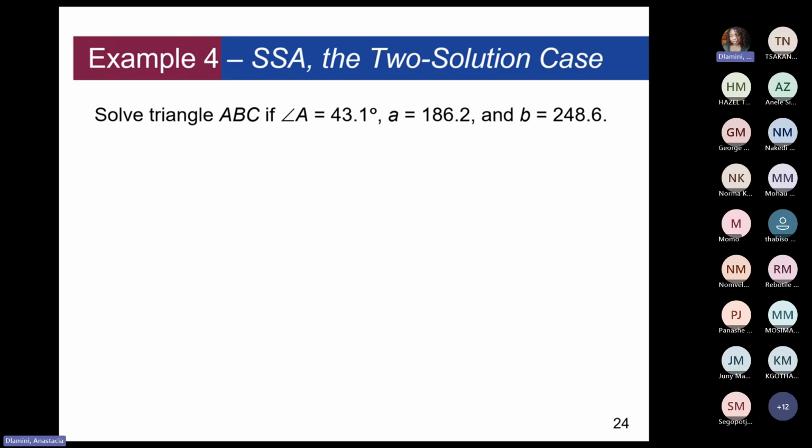So now here's a question. Let's solve this quickly, and I'm allowing you to use a calculator on this one because you can see it's not special angles.